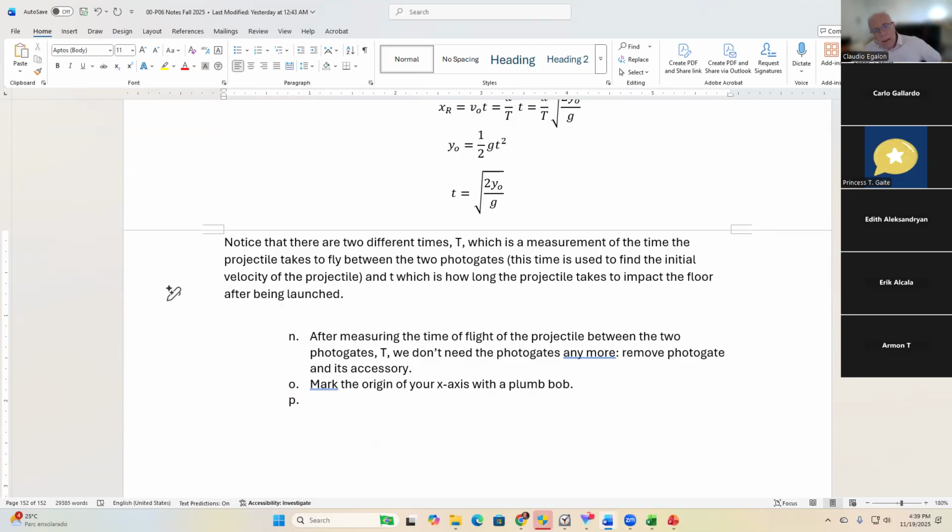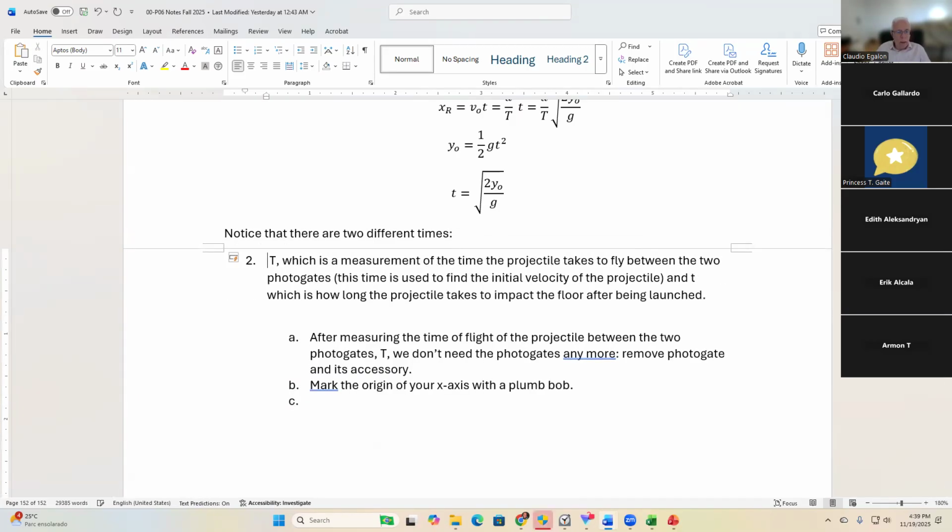Two different instants of time. The second one is not a measurement. Here you go. 1.